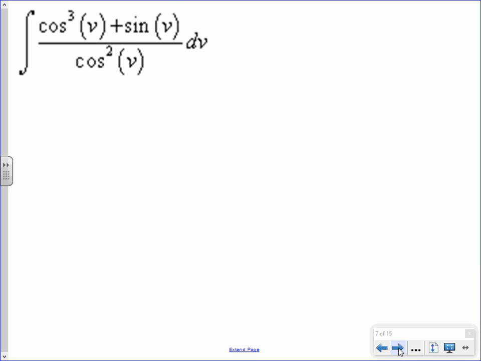All right, last trig problem. Okay, can we take the antiderivative right now?